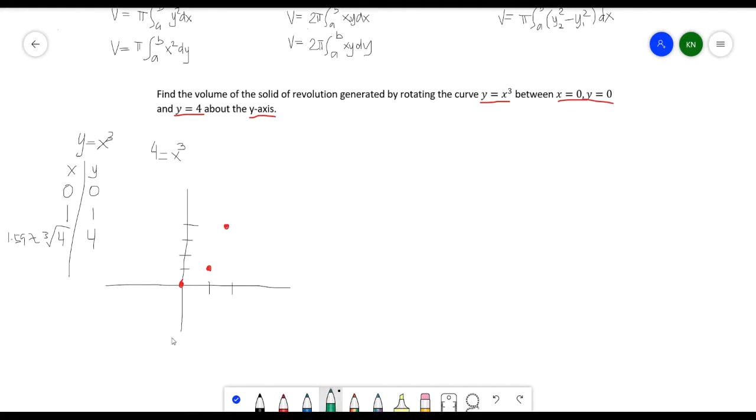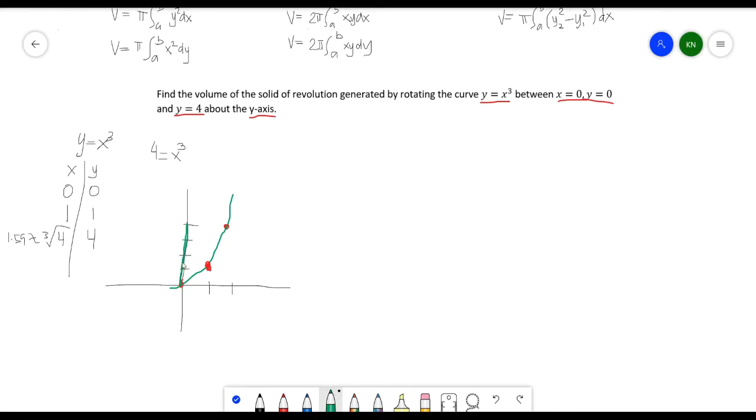So if we try to connect our points here, we'll have this curve. Supposing this is a perfect curve. So we have like this. And then we know that we have our boundaries, which is x is equal to 0, meaning to say we are bounded by this one.